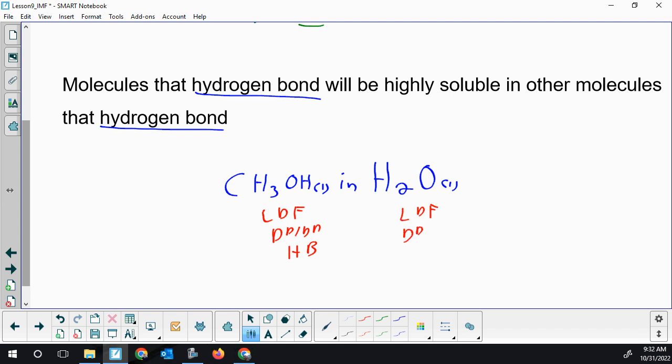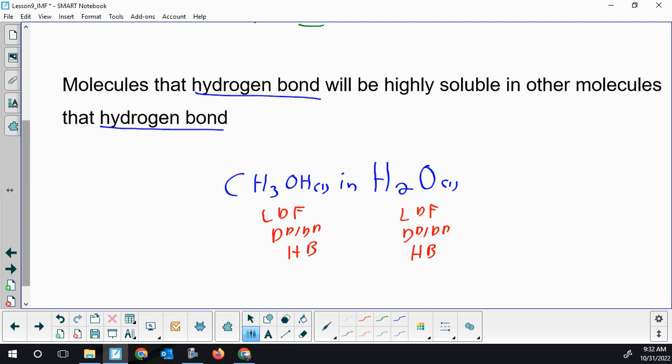Sometimes I'll get students who forget to put dipole forces, or if I ask them for the forces in water, they'll just say hydrogen bonding. Okay. They'll forget the others. Okay. You can mix any ratio of methanol and water. So you could go 5% methanol, 95% water, or 80% methanol, 20% water. You can put in more solute than you put in solvent, and it'll still mix because of the high solubility.